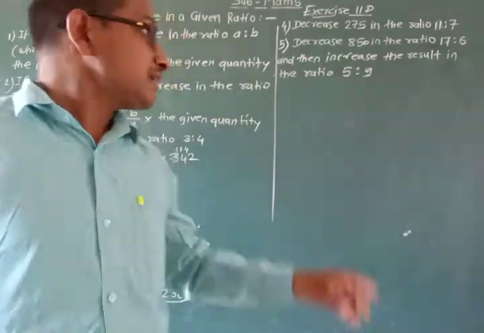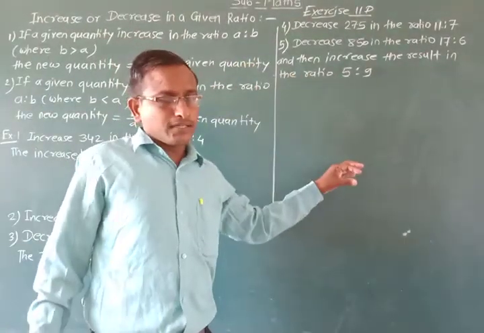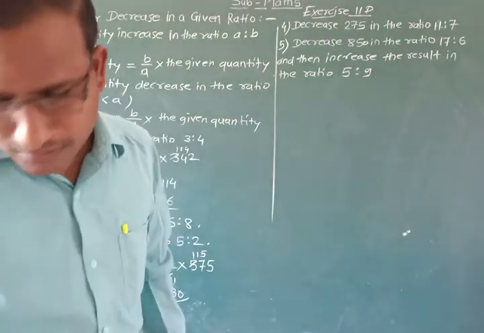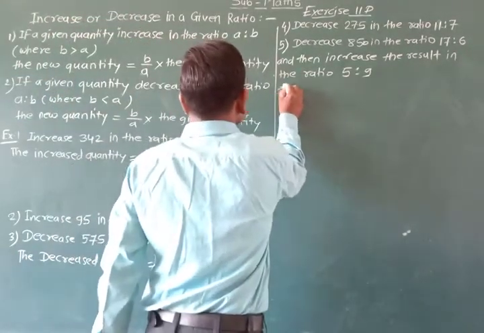So first you find the decreased quantity. First you write the given value.